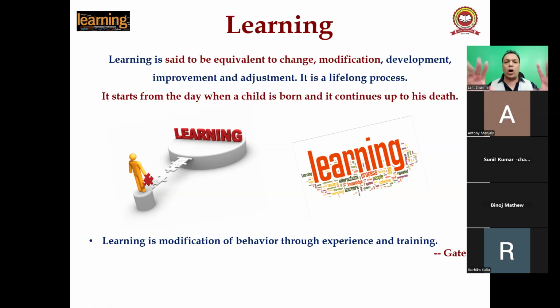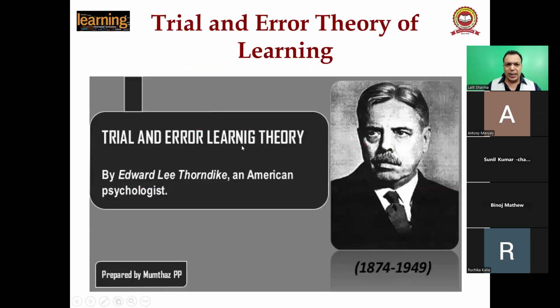Learning is a lifelong process, right? Learning starts when the child is born and it continues up to his death. Okay, so learning is a lifelong process. As Gates has said, learning is a modification of behavior through experience and training. Right, guys? So now we discuss the 2 theories of learning.